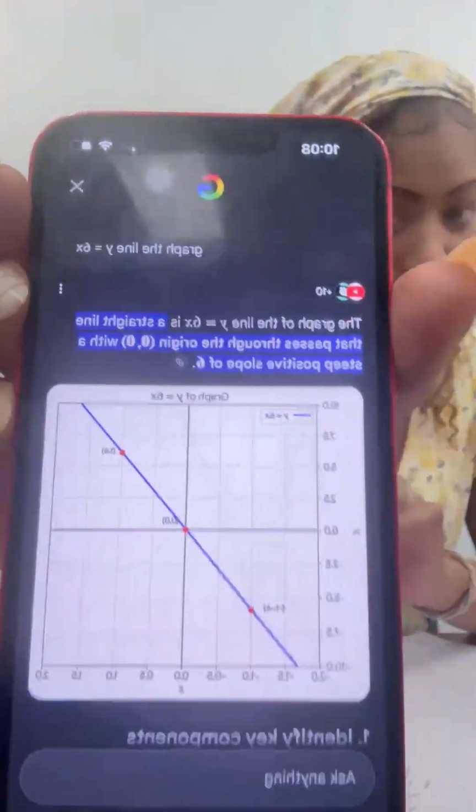No trick questions. If x is 0, what is the corresponding y? If y is equal to 6x, and x is 0, y is 6 times 0, which is 0.